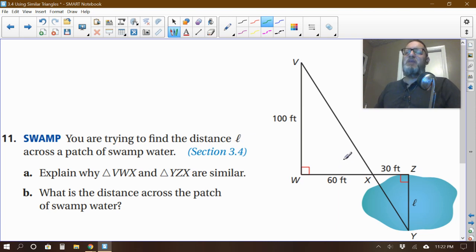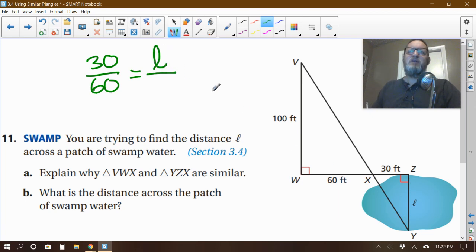So let's see here. The short distance right here of 30 would correspond to this shorter side of this triangle of 60. So we set up our first ratio, 30 over 60. Now that's going to equal the short distance across the swamp, they used a cursive L, over the longer distance here, the other leg of these right triangles.